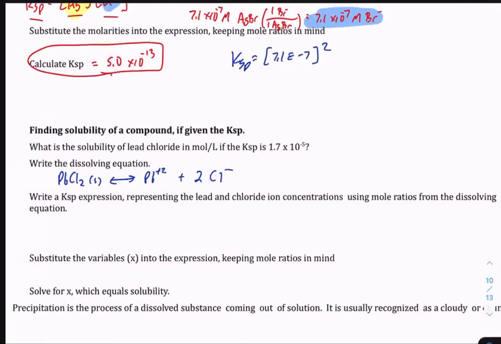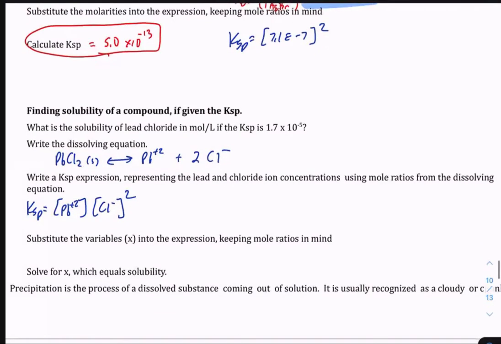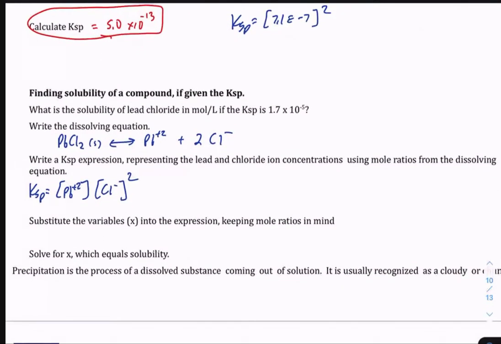Okay. All right, so writing a KSP expression for this: lead ion times chloride ion squared. All right. So here they give us the KSP, right? This time this is given.